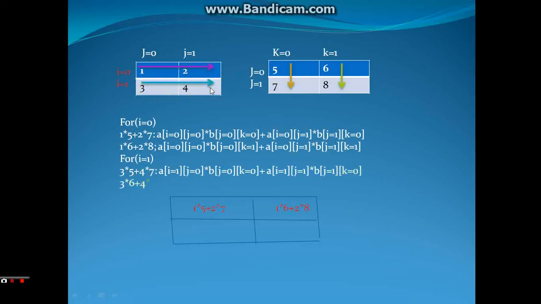Then the second row and second column, we get 3 into 6 plus 4 into 8. You can see that for i equal to 0 these situations come, and for i equal to 1 these situations come. Similarly for j equal to 0 these situations come, and for k equal to 0 these situations come. Similar is the case, the whole thing is repeated again and again by the for loop.